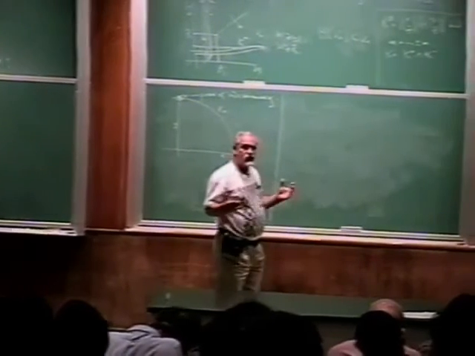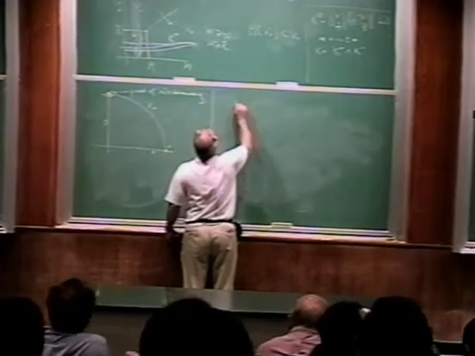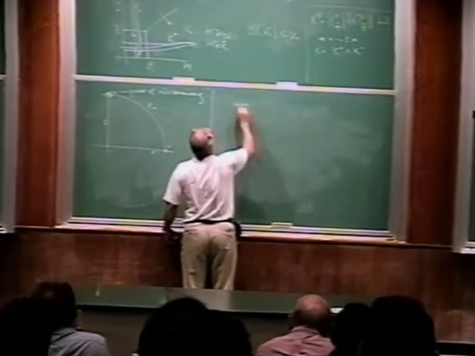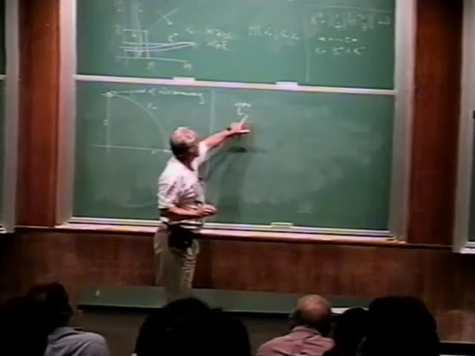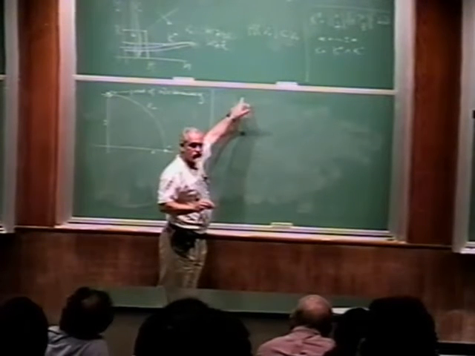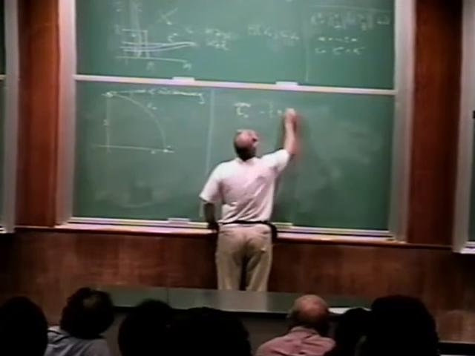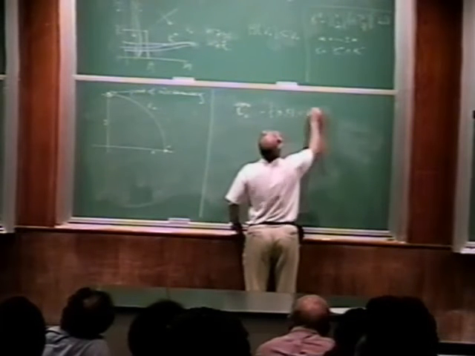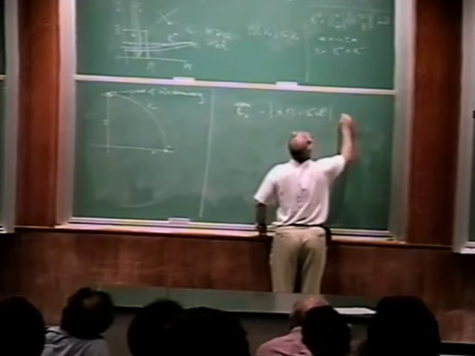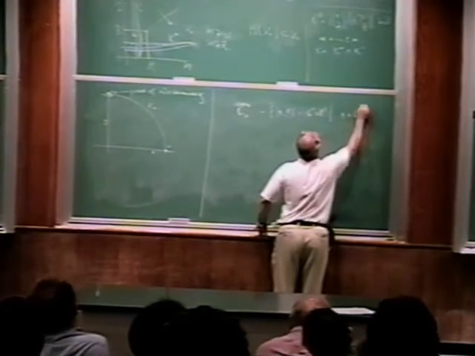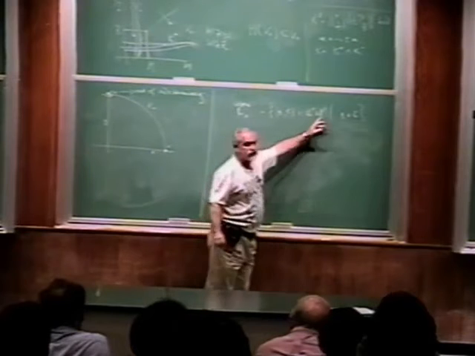So the case to try to remember is blowing up the origin in C2. This is the set of pairs (X, L) in C2 cross P1, such that X belongs to L. L is an element of P1, so it's a line through the origin.